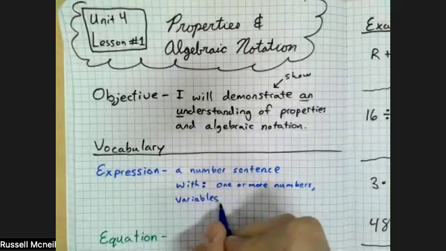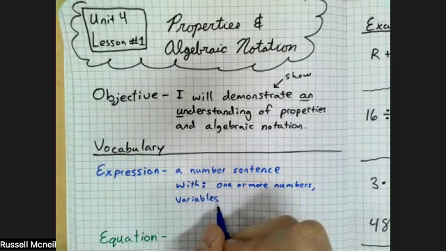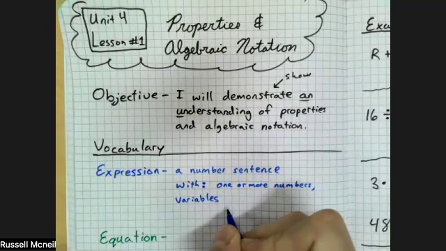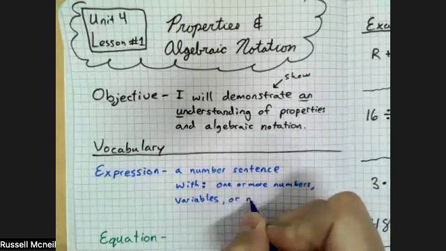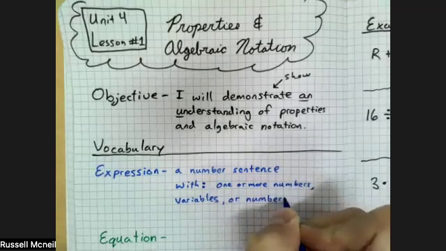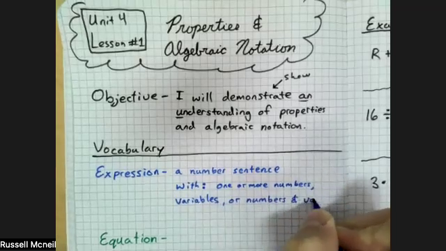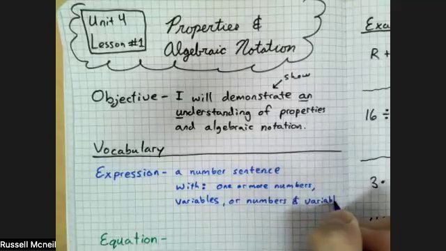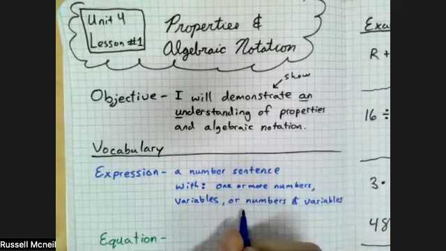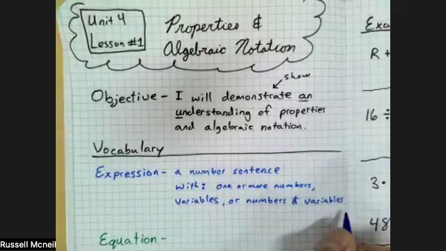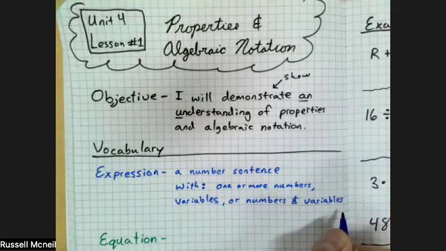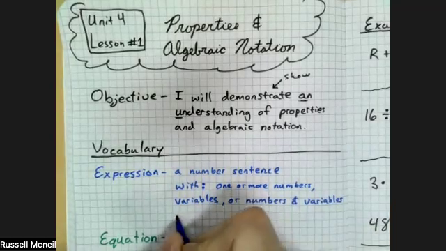And when we talk about variables, we mean a letter. There could be a letter attached to it. This could also use a number sentence that has numbers and variables with one or more operations.